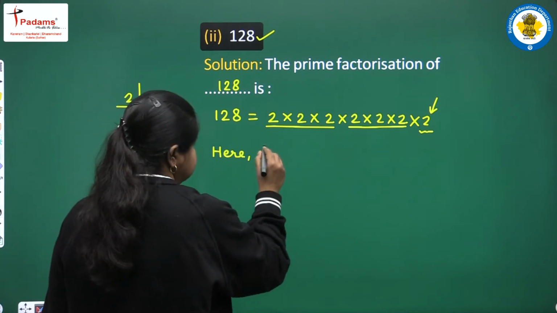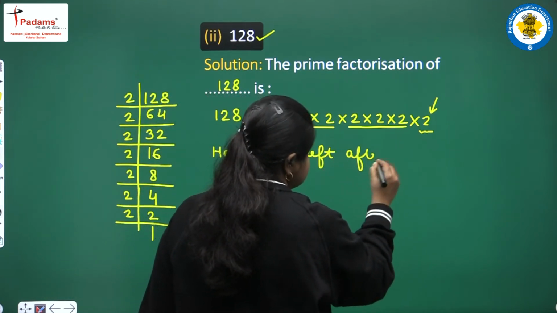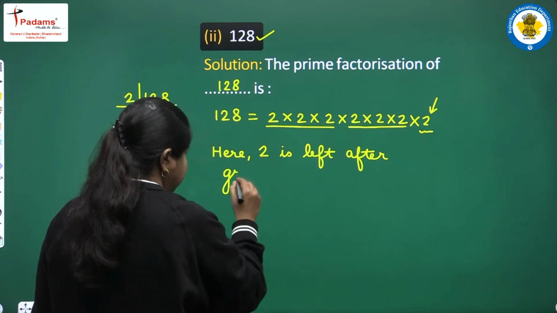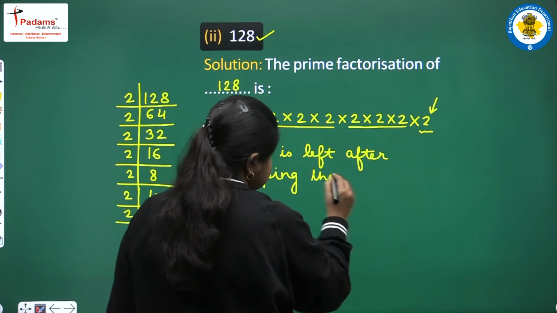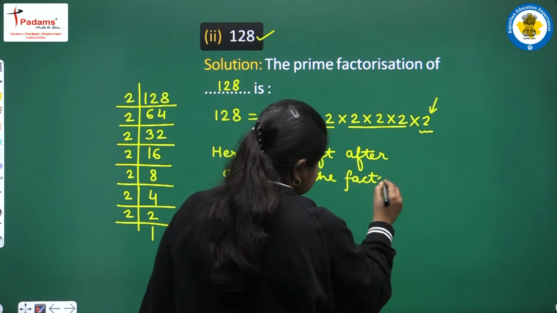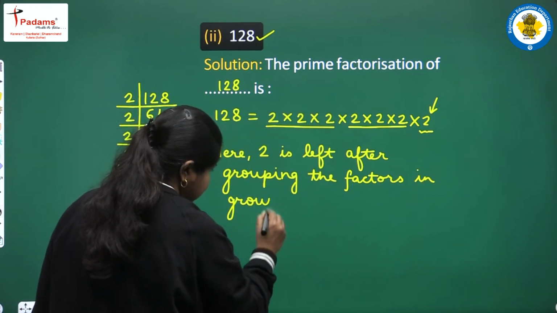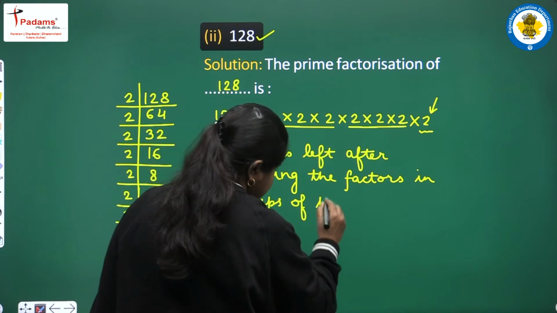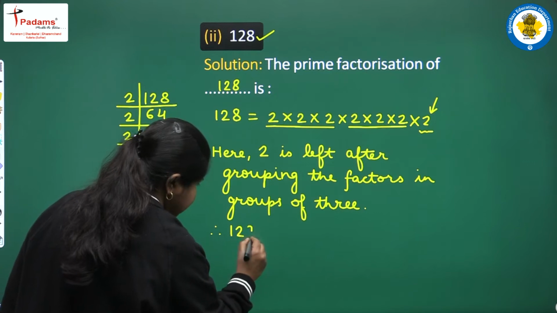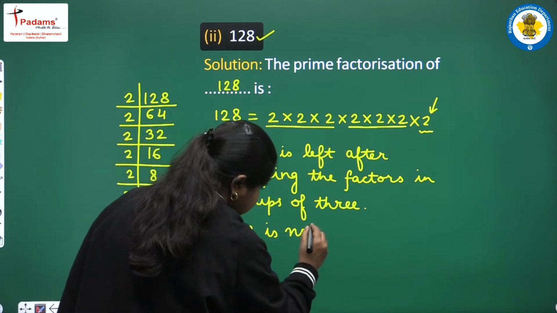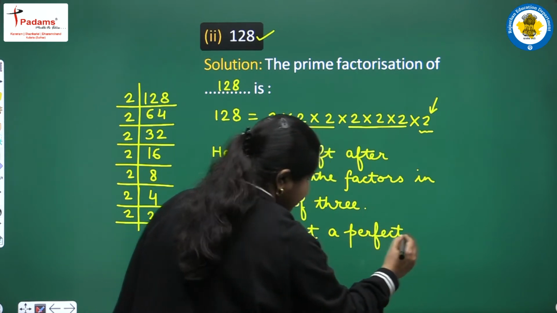Here 2 is left after grouping the factors in groups of 3. Therefore, 128 is not a perfect cube. I hope it is very much clear to you all.